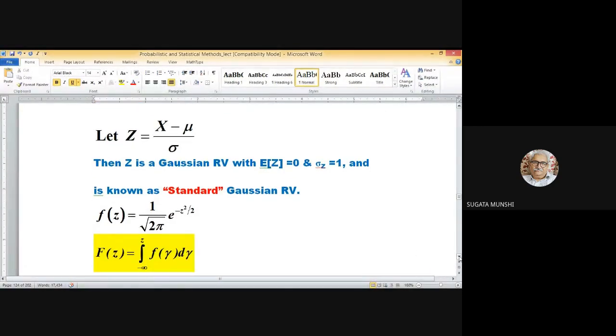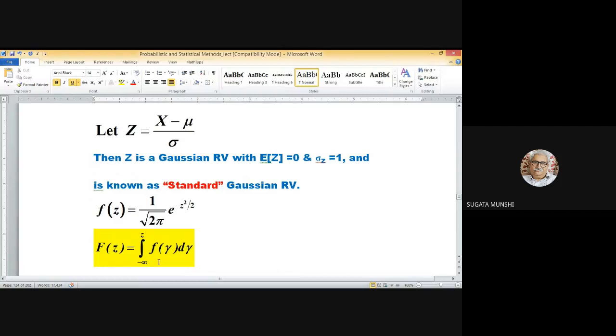So capital Fz is given by this expression. Gamma is a dummy variable. It doesn't appear in the final result. Finally, we want to have capital Fz given by this integral.